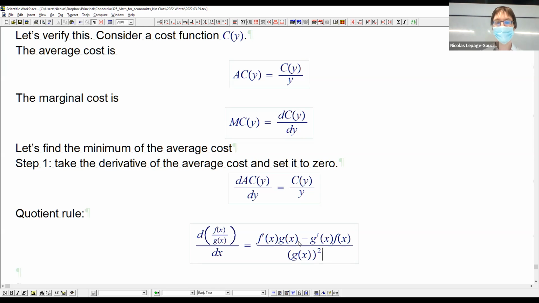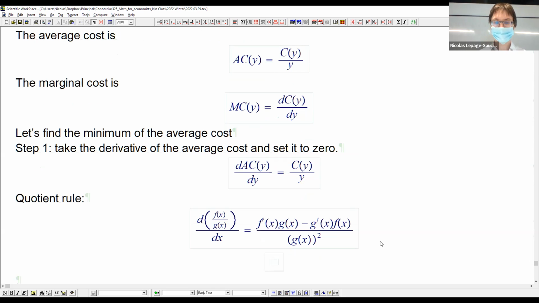So this is the quotient rule. All the time, if you want to take a derivative of two things that are a function of the same variable, and one divides the other, it's always this. We checked that like three classes ago, I think.